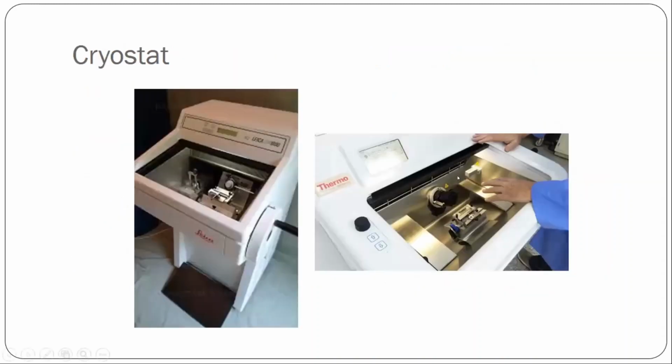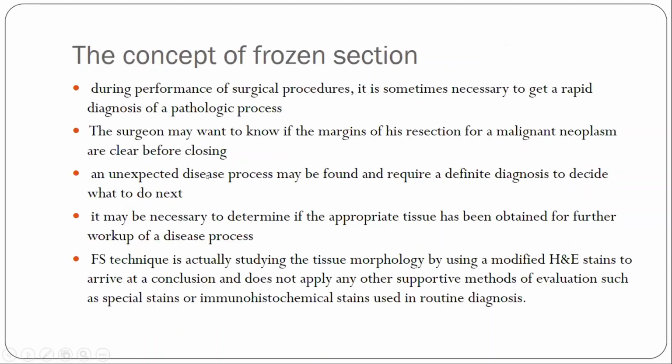And of course, the invention of this machine, the cryostat, which is basically a tissue section with a freezer. This is -70 degrees. So we quick freeze the specimen, and then we cut it in this so-called very cold area so that we can process it.